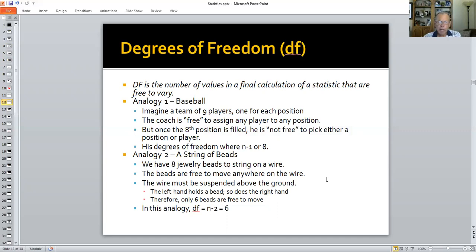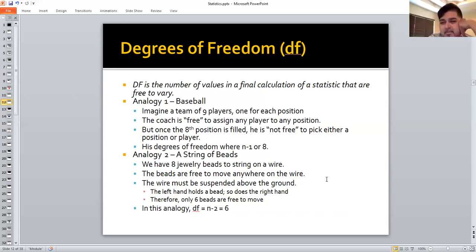I won't see you, but degrees of freedom are out there all the time, and they're widely misunderstood or not understood at all. What does it mean? Well, it is a little arcane, but the definition of degrees of freedom is the number of values in a final calculation of a statistic that are free to vary. And that means nothing.